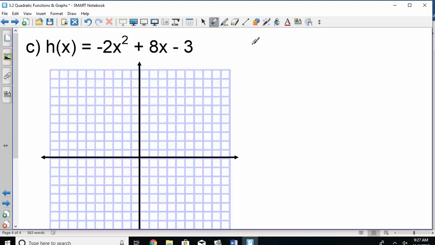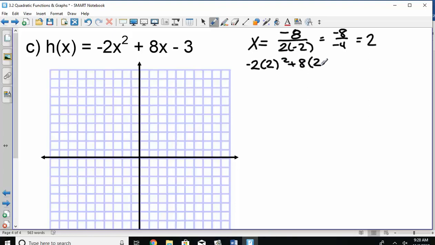Good. All right, so to find the vertex, opposite of b, so negative 8 over 2 times negative 2. So negative 8 over negative 4 is 2. Plug that in. So we get negative 8 plus 16 minus 3, which is 5.